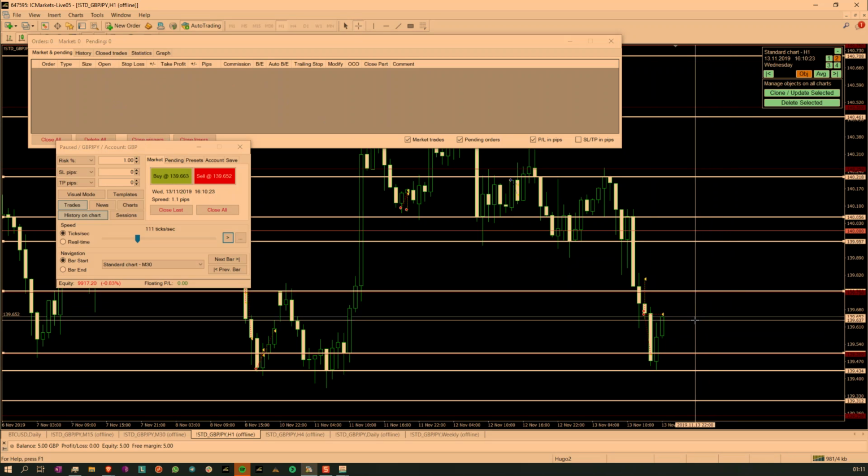I'm a little late, but I'm trying to put it a 19 pip stop. A 19 pip stop, but we have clean traffic. Clean traffic to go. So yeah, I'm taking a buy here.